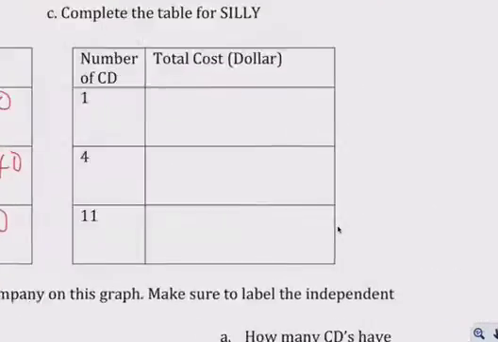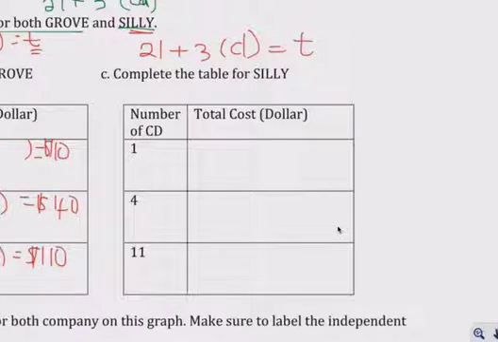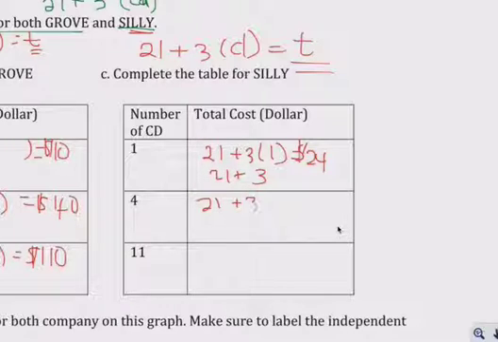This one here, 21 plus 3 times 1 CD equals 3 plus 21, which is a total cost of $24 for T here. 21 plus 3 times the number of CDs, which is 4 here. That's 12 plus 21.